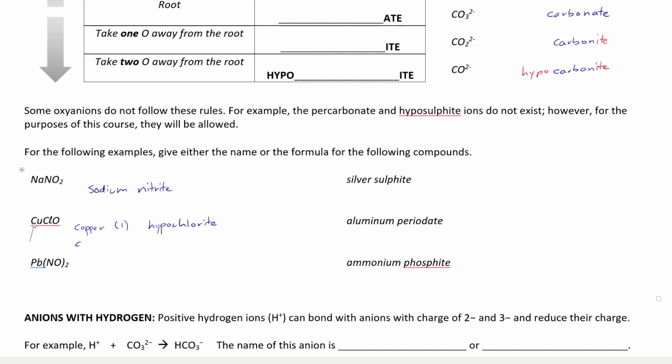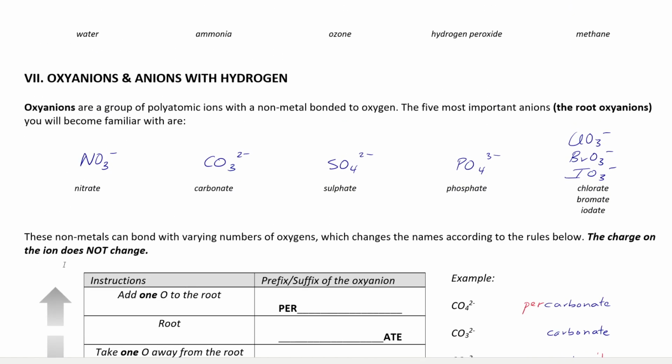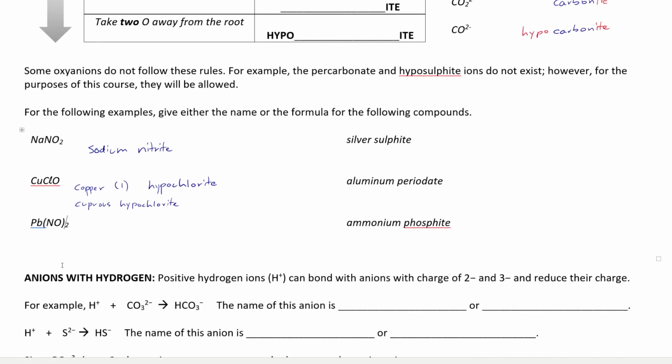Alternatively, I could have said cuprous hypochlorite. The last one, PbNO. So NO comes from nitrate, NO3, but as you can see, there's 2 oxygens that have been taken away. So the name here should be hyponitrite.